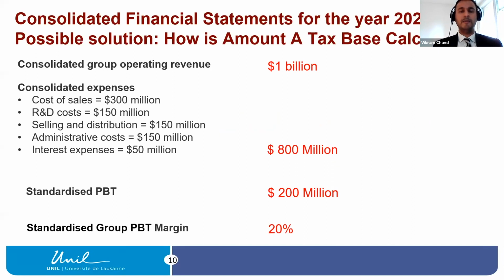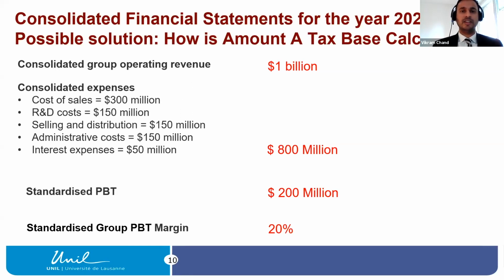To calculate the standardized PBT, we've made some minor adjustments with respect to the dividend income, the gain on sale of shares, as well as some expenses linked to acquisition of stock or some extraordinary items.